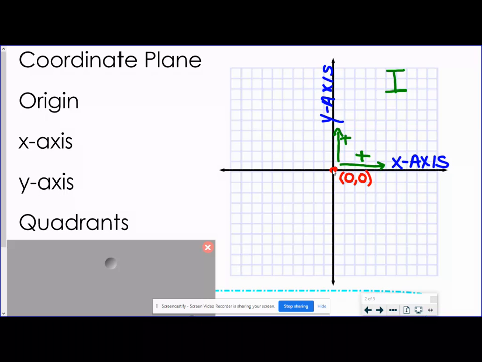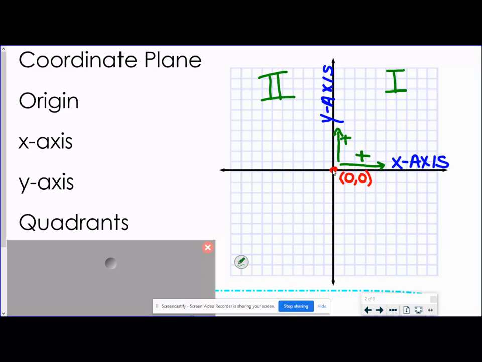Most of the time we watch students as they start graphing, they only use the first quadrant because we want them to be focusing on positive numbers. You guys are beyond that. We can graph with positive and negative numbers. Now, again, a lot of people, after they know that's quadrant 1, we like to go clockwise, the way a clock goes, but that's not how the quadrants go. Quadrant 2 is going to go counterclockwise.